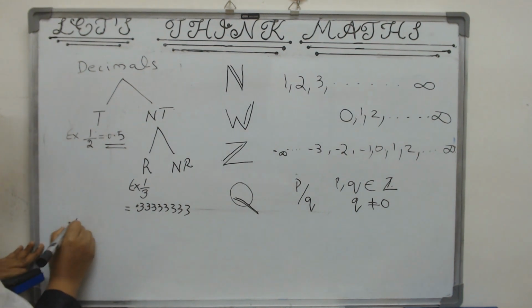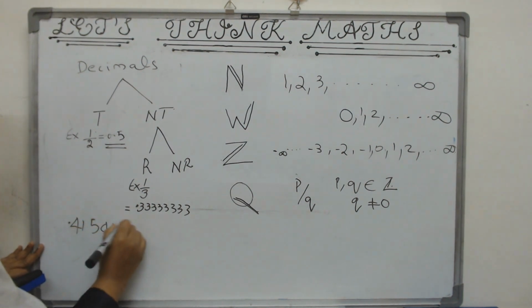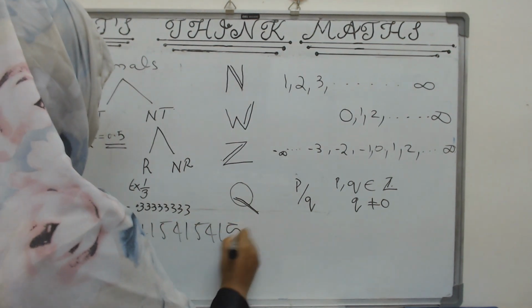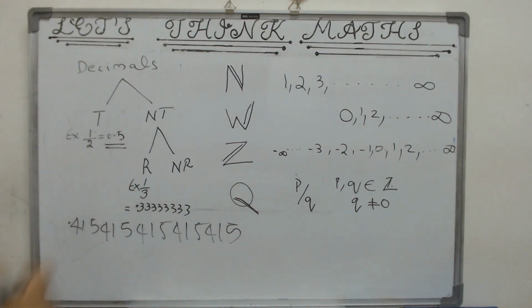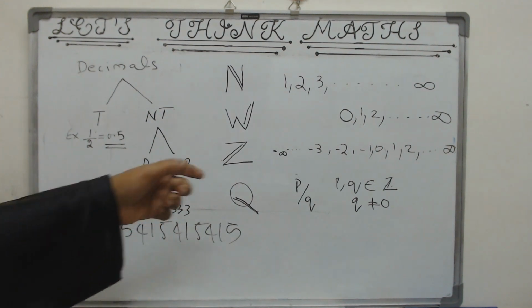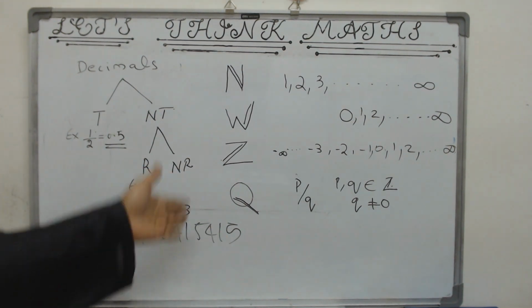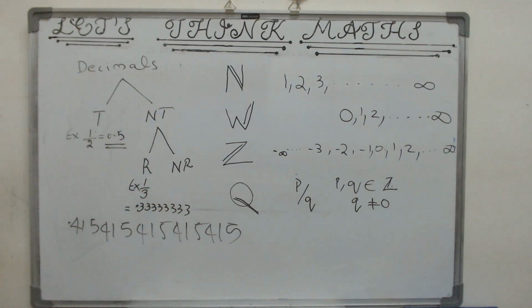Or for example, this 415, 415, 415, 415. It just keeps on recurring. It keeps on repeating itself. So the good thing is that even if I ask you what digit comes at the 1 millionth place, you will still be able to give me the answer. That it just goes on and on and on.